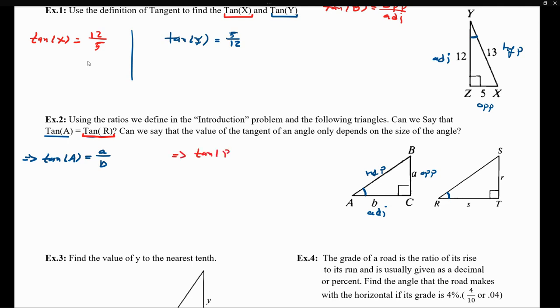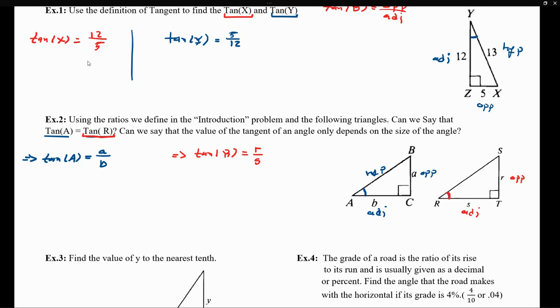What is the tangent of R? If this is my R, then little r is my opposite, and my other leg, s, is my adjacent. So the tangent of R is r over s.